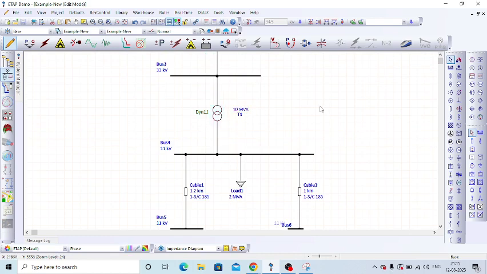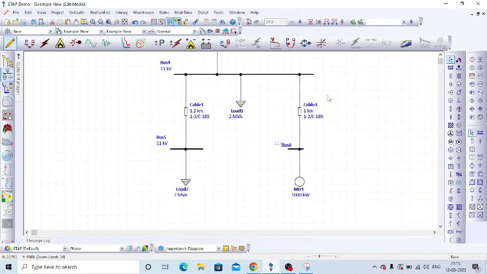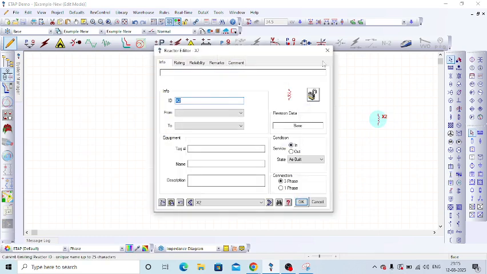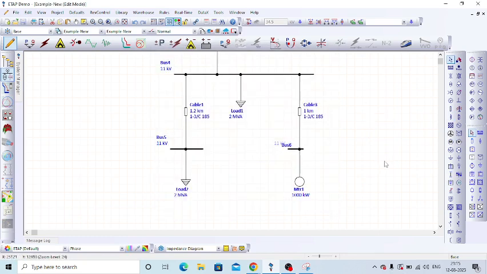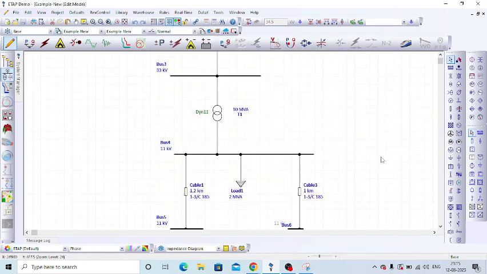Another option is introducing the fault current limiting reactor. This also we can do to reduce the fault current.